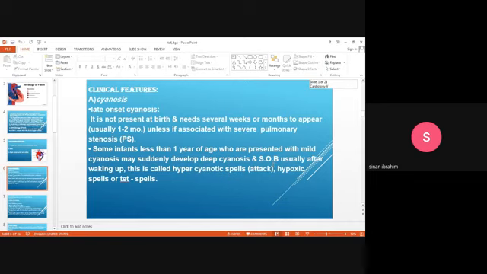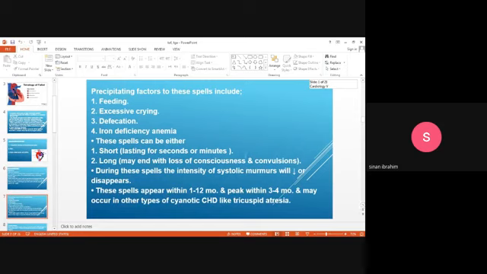These attacks we call hypercyanotic spells, hypoxic spells, or tet spells. What are the precipitating factors for these spells? Feeding aggravates the spells, excessive crying may also aggravate them, as do defecation, strenuous exercise for the infant, and also iron deficiency anemia.